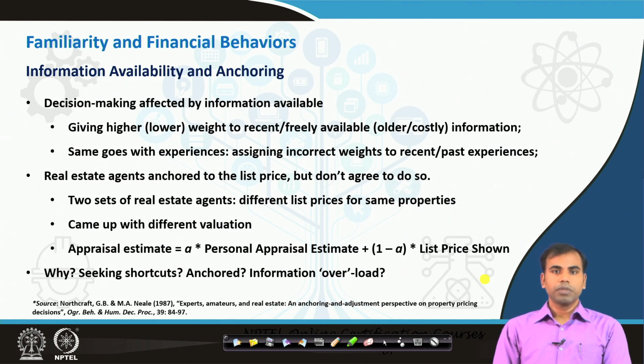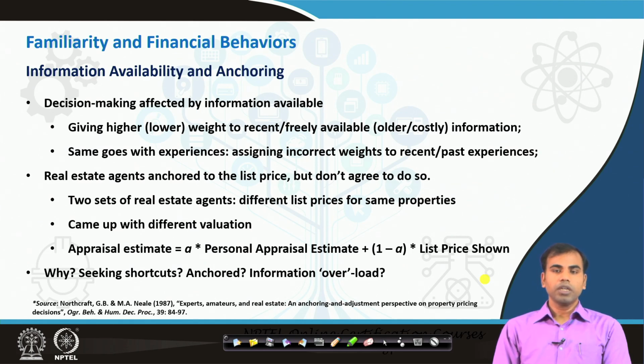This kind of behavioral tendency might be observed in terms of experience as well, where people's decisions might be affected by their recent experiences. We had discussed the recency effect.